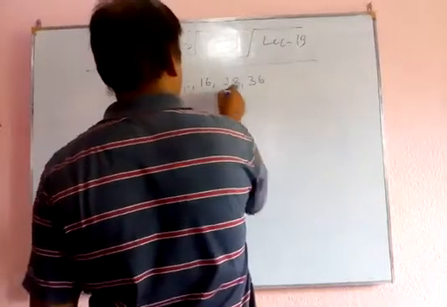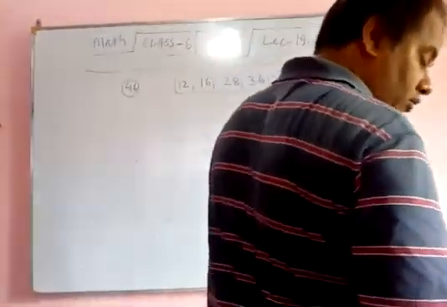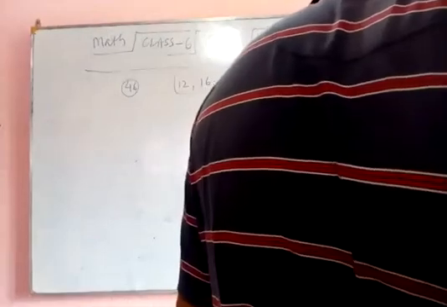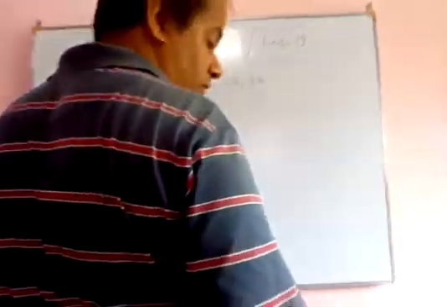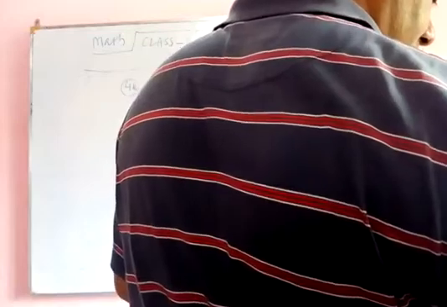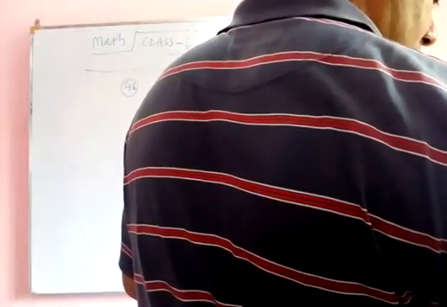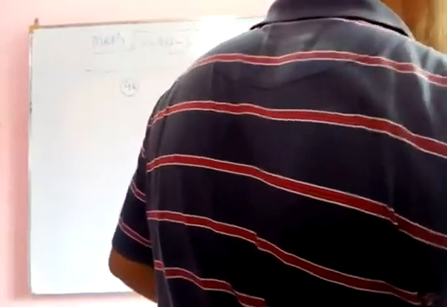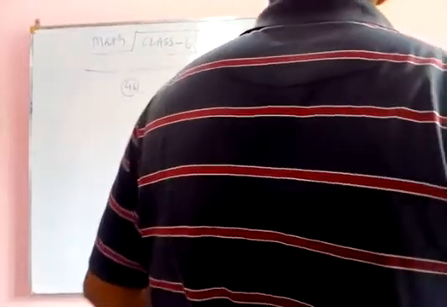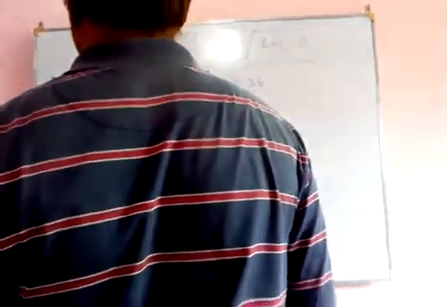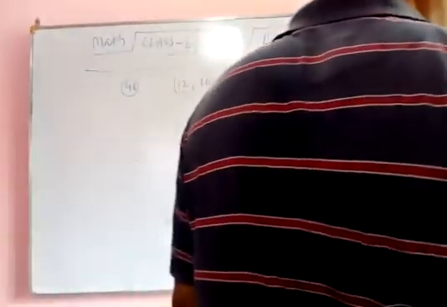So we have to find the greatest number which could be divisible by all of 12, 16, 24 and 36. So we will take the LCM of 12, 16, 24 and 36. Then we will find the greatest number of 4 digits.